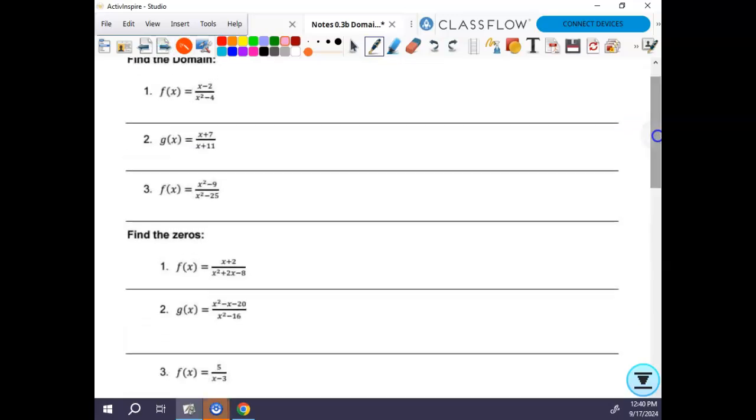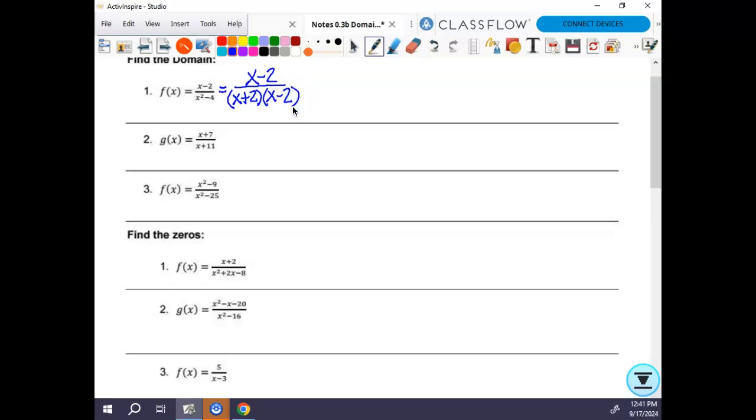All right, so we're going to find the domain here. So even though it's the first step, I guess technically it's sometimes the second step, we still have to factor first. So I'm going to factor this, and I'm going to get x minus 2, and then this factors into x plus 2 times x minus 2.